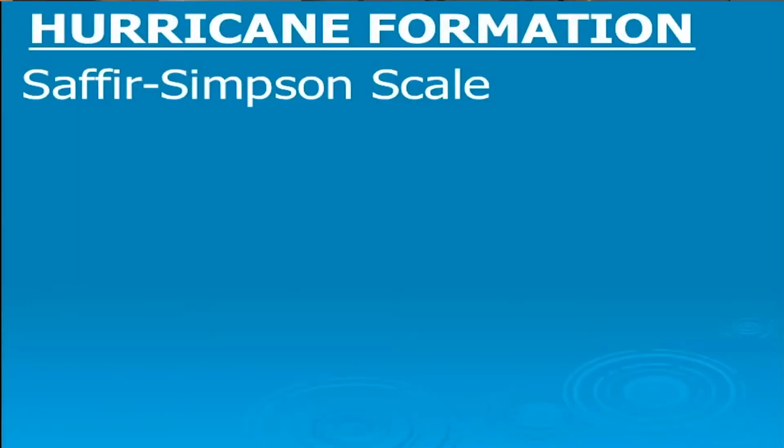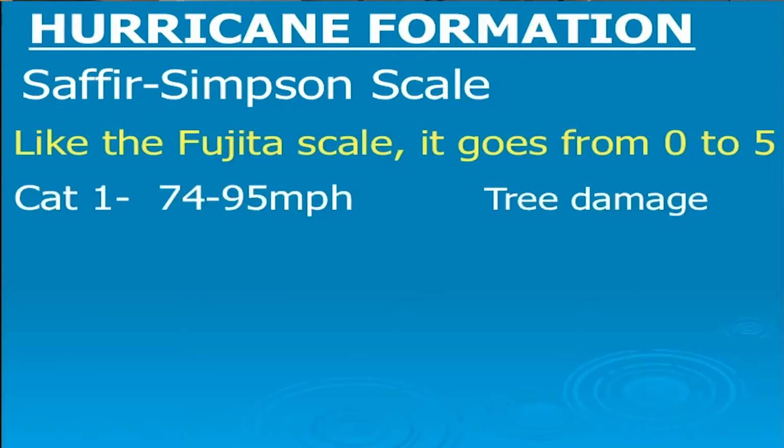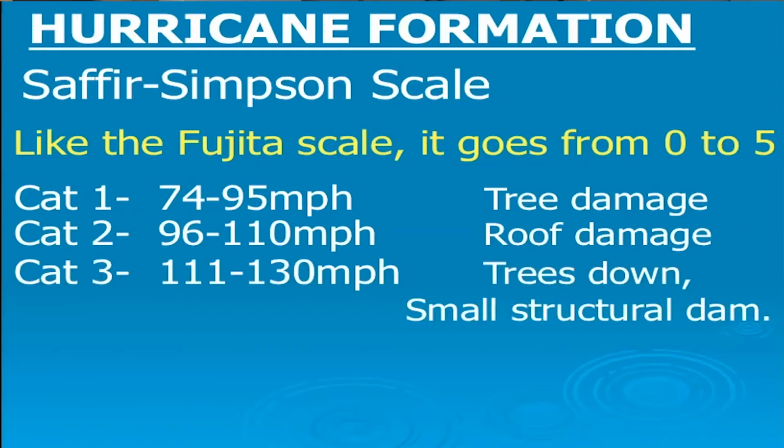Like tornadoes, hurricanes can be of different strengths. And we use the Saffir-Simpson scale to measure the intensity of a hurricane. And just like the Fujita scale, it goes from 0 to 5, where category 1 is the least destructive, all the way up to category 5.